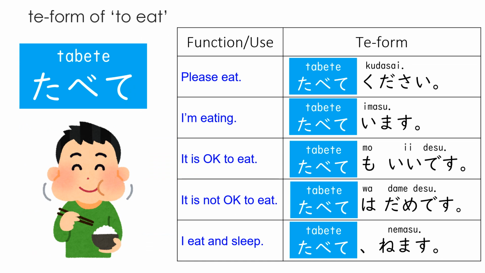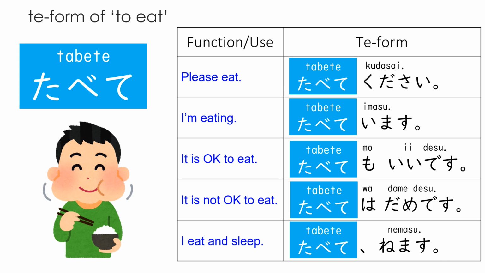Okay, let's see some examples. The te form of the verb to eat is 食べて. So, please eat is 食べてください. I'm eating is 食べています. It is okay to eat is 食べてもいいです.